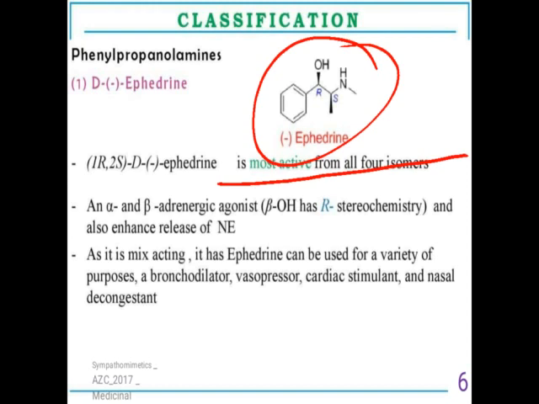So this RS isomer, the negative ephedrine, is more active than positive ephedrine, positive pseudoephedrine, and negative pseudoephedrine. As a mixed acting drug, it has a variety of activity: it can act as a bronchodilator, vasopressor, cardiac stimulant, as well as a nasal decongestant. So these are the different activities you can observe from ephedrine.